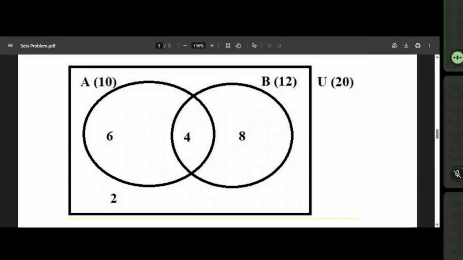But those who have hypertension and at the same time diabetes, they are 4. So when we are counting hypertensive patients, we count the 4 and add it to the 8 to make the 12. They are the hypertensive patients. But when we say those who have only hypertension, that means they don't have any other disease. That one, we are referring to the 8.